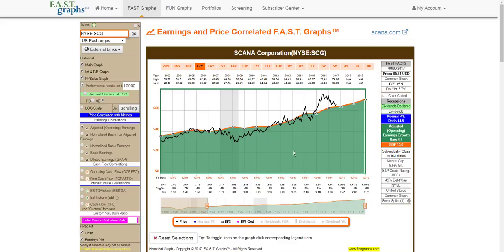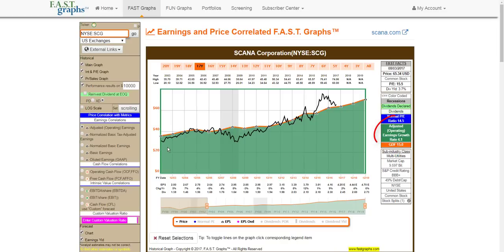So in the case of SCANA on this time frame, the stock was undervalued with a low PE ratio of 12.8. The orange fair valuation reference line here is a PE of 15, and it closed yesterday slightly above the orange line, at a PE ratio of 15.5. So we had two things happening here.